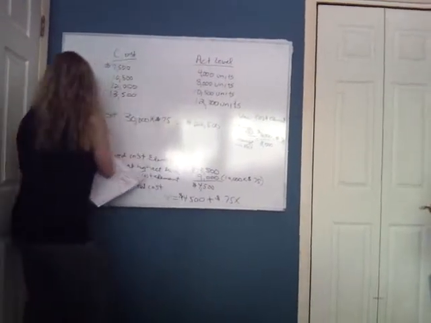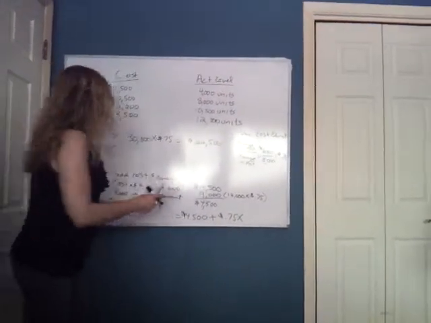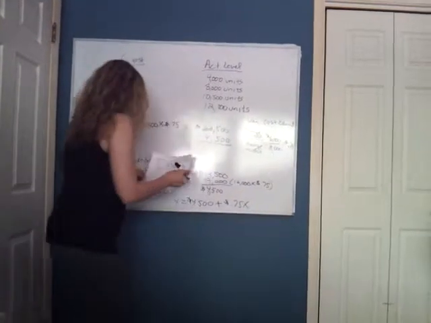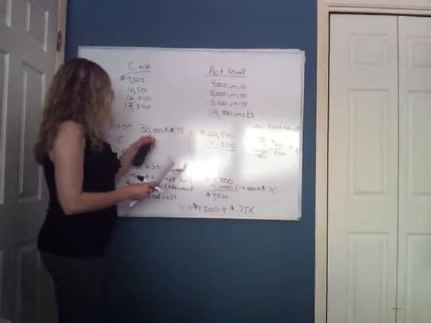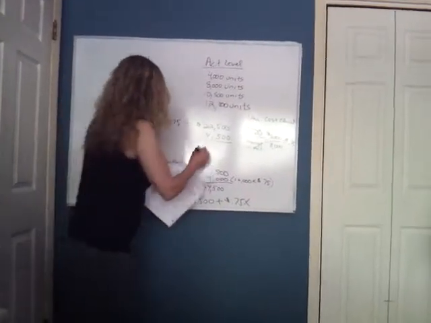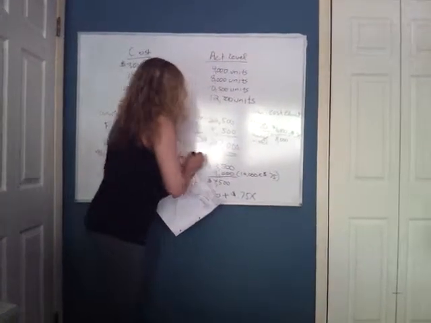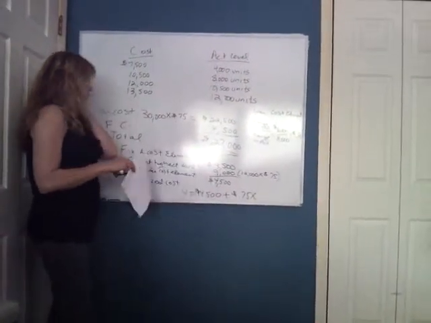We already know our fixed cost element, right? We determined it down here. It's 4,500. So our total cost at a 30,000 activity level is $27,000. So that's how you're going to determine number 2.